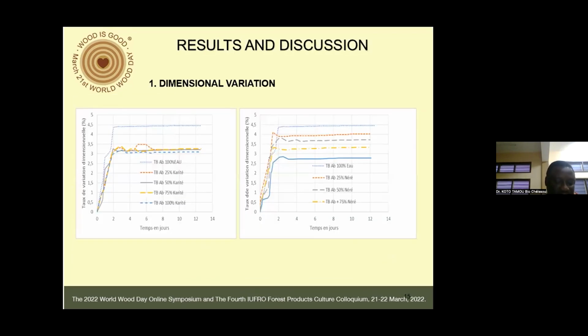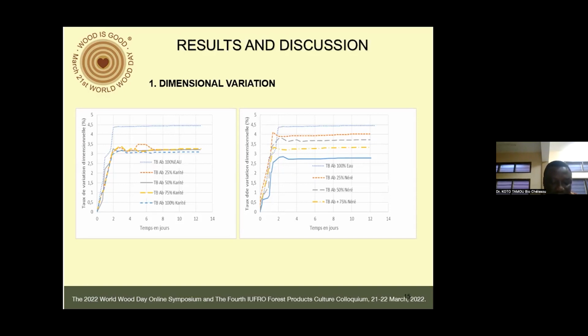At the end of this test, the results of dimension variation measuring are as follows. We have plotted the curves of the percentage dimensional variation as a function of time in days, for the different mixtures made with the different rates of adjuvant. We note a decrease in the dimensional variation with an increase in the level of adjuvant.